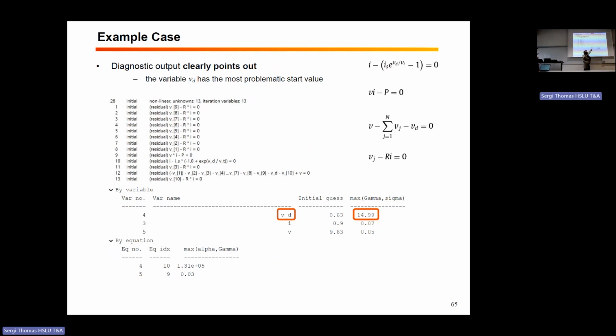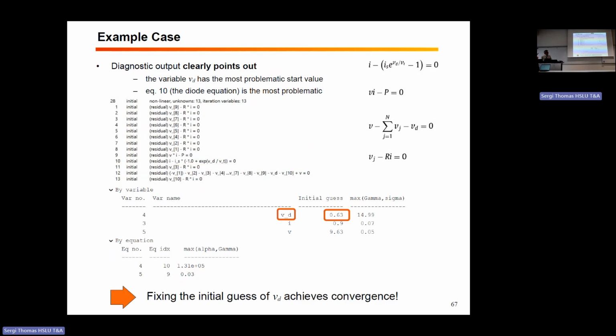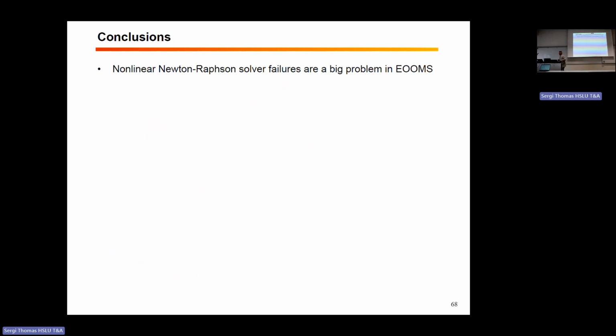Then you have this current, which is involved in this equation here, but it's not such a big deal. We don't care. So you just need to fix VD. And the equation which is involved in the nonlinearity is the diode equation. So the method tells us exactly what we were expecting. In fact, it turns out that if you fix the initial guess of VD, you can achieve convergence and you don't worry about all the other parts.